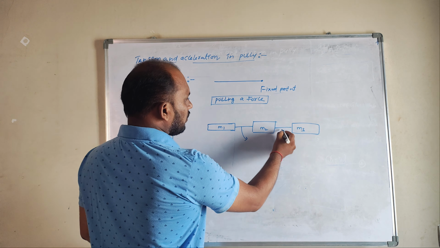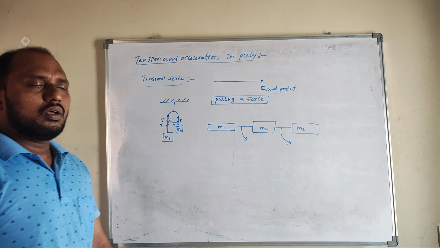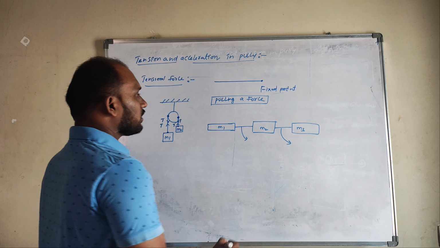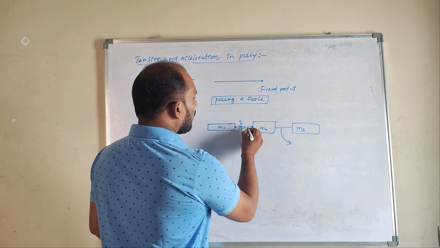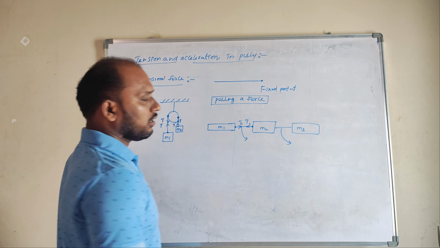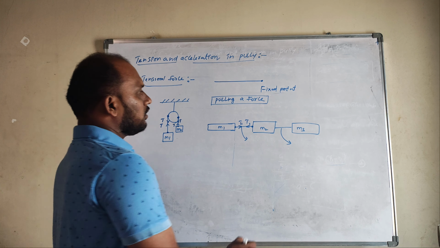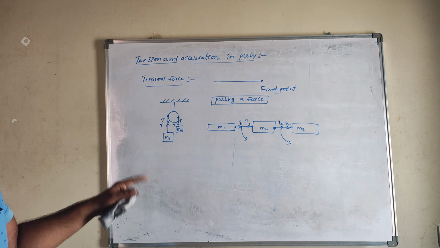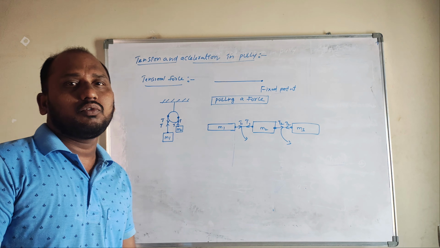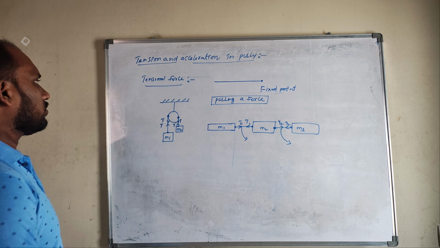This string is different, this string is different, so we have different tension forces here. From this point let us say this is T1, from this point this is also T1. But here, from the fixed point, this is T2, and from this is T2, which means two different strings have different tension forces. I hope you understood.